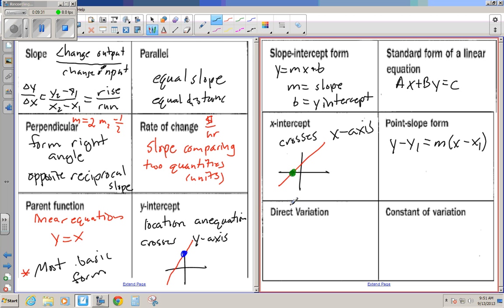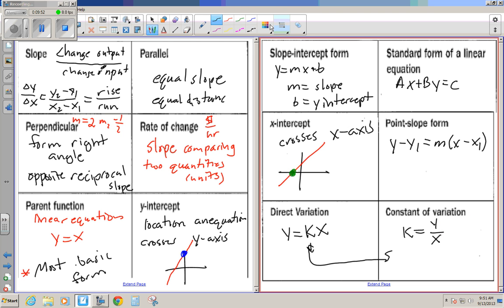Direct variation is like the parent functions. It comes in the form y equals kx, and k is called the constant of variation. So the constant of variation would be k equals y over x.